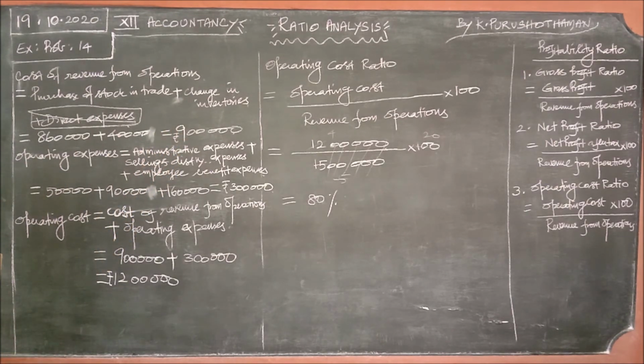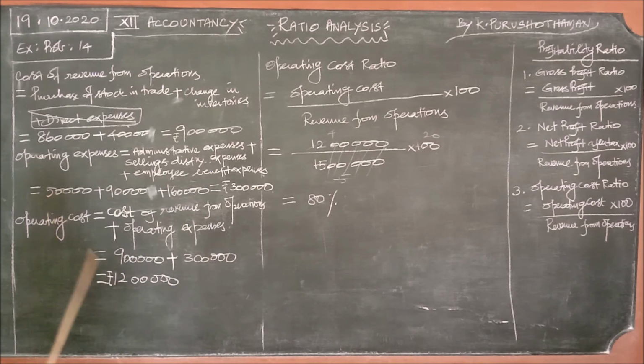Loss on sale of furniture we don't want. Therefore, we picked only the amounts 50,000 and 90,000. What we require is the employees benefit expenses, salaries, which is given there. If we add together all these, we will get 3 lakhs. So, cost of revenue from operations 9 lakhs and operating expenses 3 lakhs.